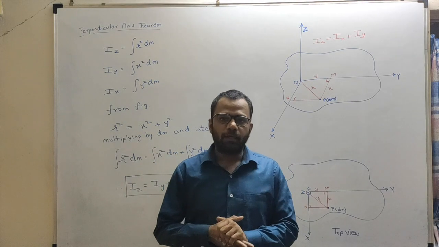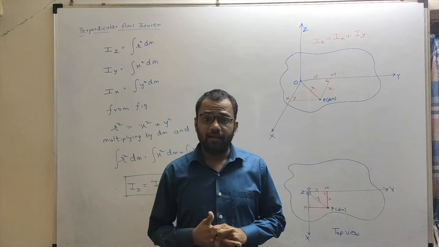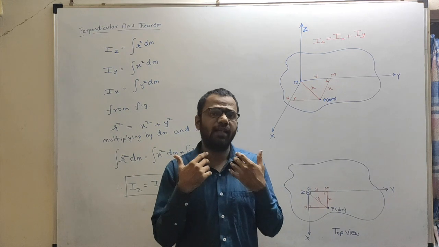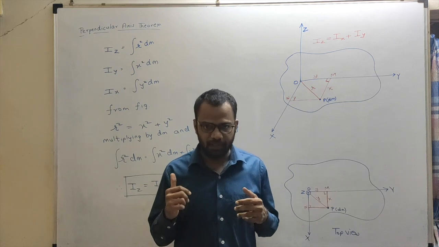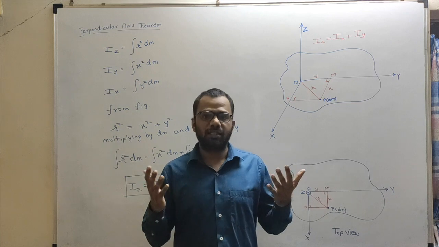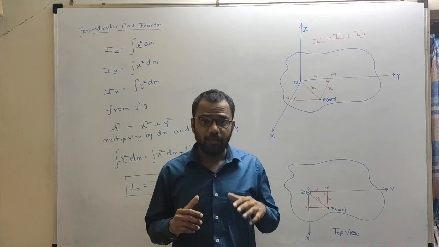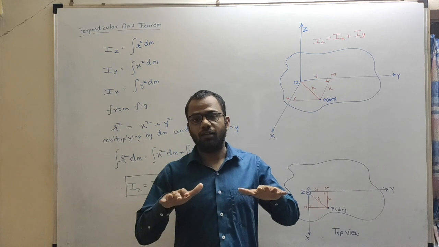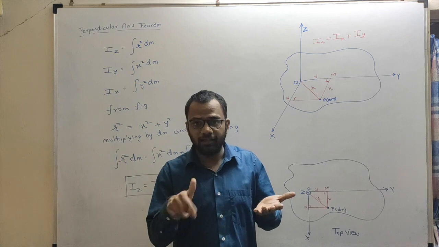Alright. Now we'll talk about perpendicular axis theorem. Okay? Now as parallel axis theorem was applicable to any three-dimensional body, but perpendicular axis theorem will be applicable only to two-dimensional bodies called plane laminars, such as a leaf or your chapati or a disc or a ring.